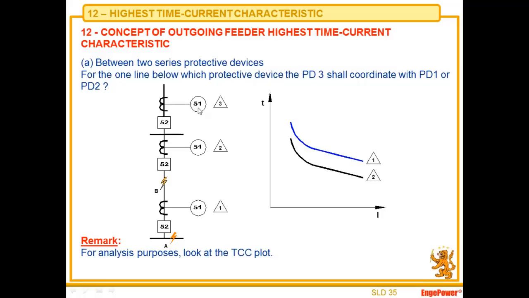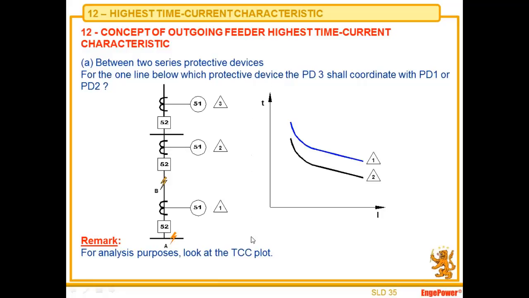My question here is, relay 3 shall coordinate with what relay, 1 or 2? But you receive a coordination study where curve 2 is below curve 1. So this coordination study is not so good, but it is not within your jurisdiction. You are the owner of this relay, so should it coordinate with 1 or 2?